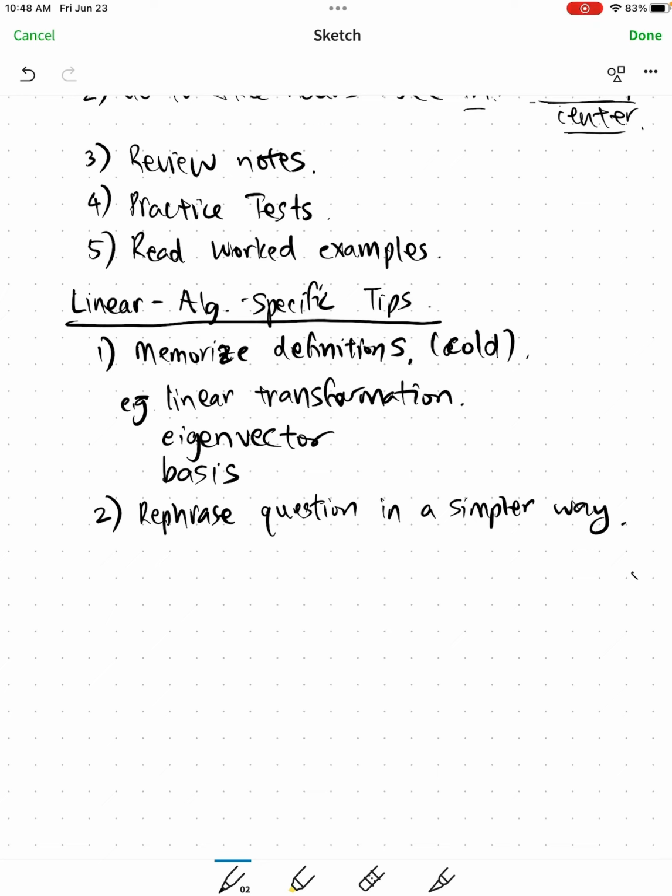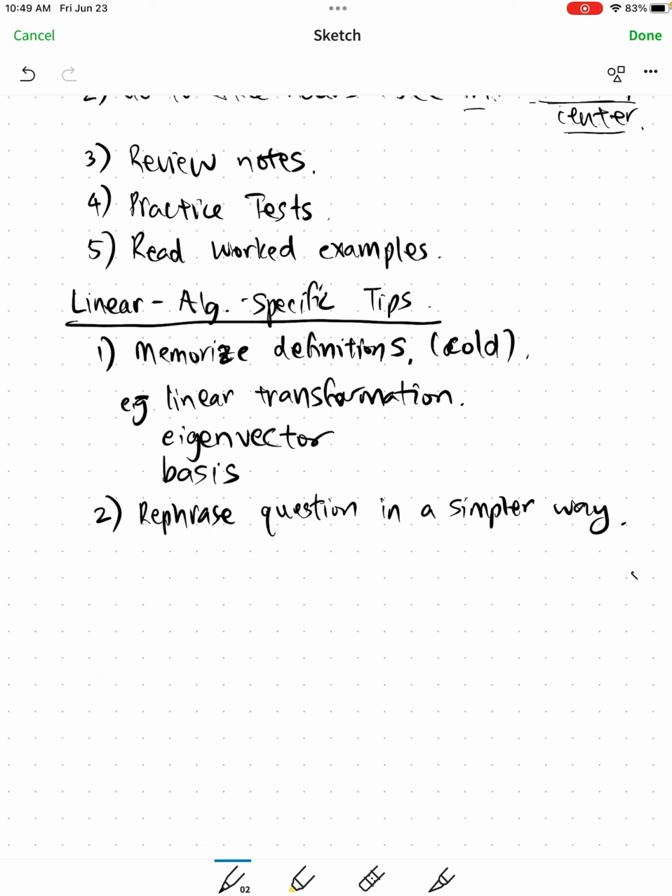And then you'll say, okay, what it's asking me is, is this vector a linear combination of these other vectors? Well, what does that mean? When you write that out, you'll see that that really boils down to asking, does a certain system of linear equations have a solution? And then once you understand that, you can use the facts you know about solving systems of linear equations to answer the question.